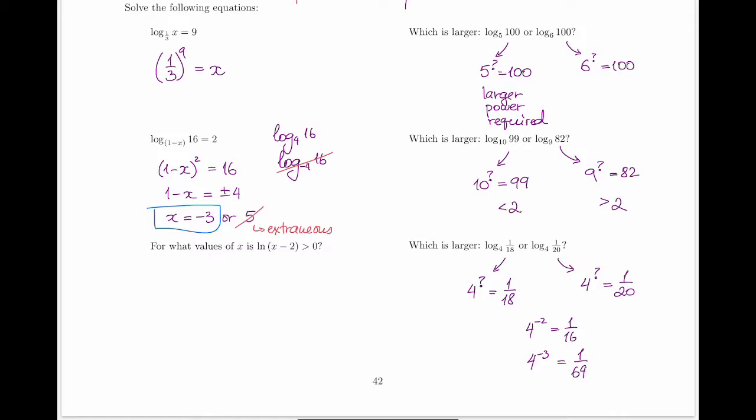Further into the negatives means a physically smaller number, which means that this power here will produce a larger number, or less negative of a number, right? So -2 is larger than -3. So this logarithm here will be larger than this logarithm here.